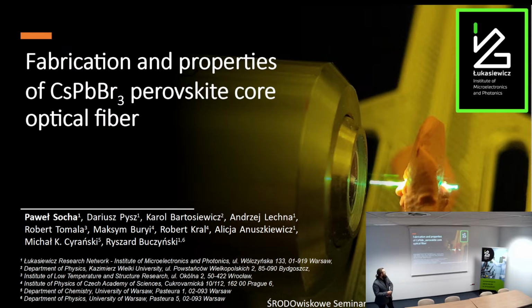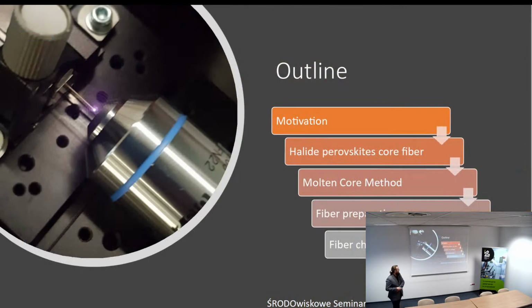As you see or as you read, my topic is fabrication and properties of fibers with perovskite core. I have 15 minutes, so I will try to talk just in general about what we are doing on the topic. So here is the outline of my presentation.